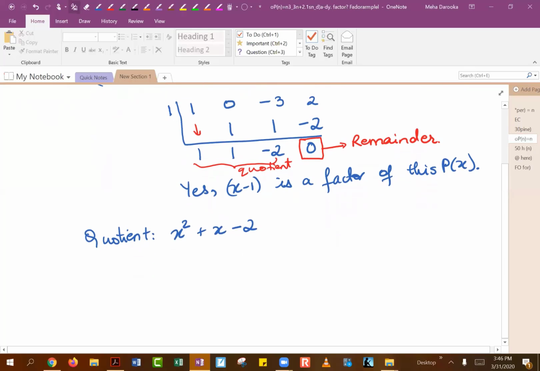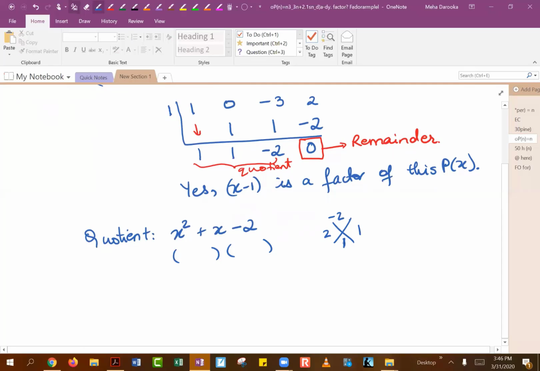Now we're actually going to need to factor this little quotient portion. So let's go ahead and factor this guy. You are looking for two numbers that multiply to give us negative 2, but add up to give us positive 1. Of course, there are only two numbers which will multiply to give you 2, and that's going to be 2 and 1.